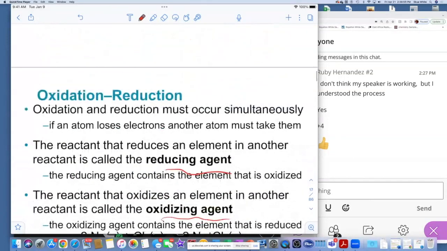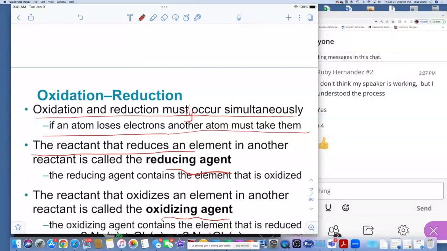And so the formal definition here, once again: oxidation and reduction mostly occur simultaneously. If an atom loses an electron, another atom must take the electron. Like I said, it's a yin and yang relationship to make sure that charges are conserved. Okay, you can't just have random electrons being produced in nature without something else taking in those electrons.